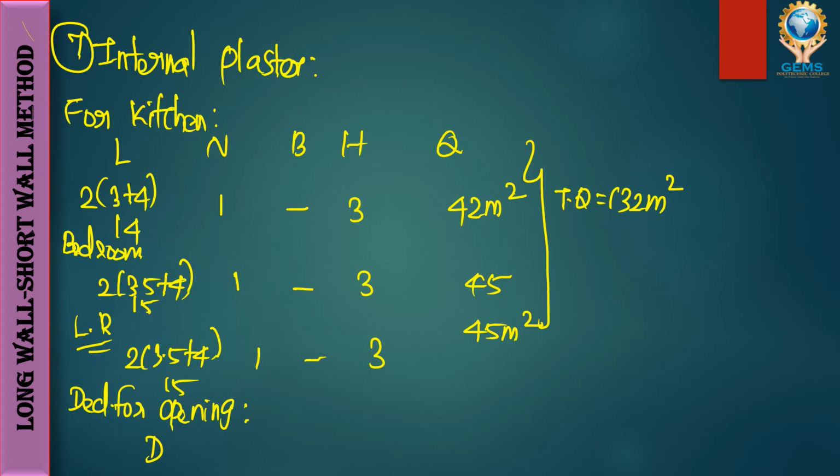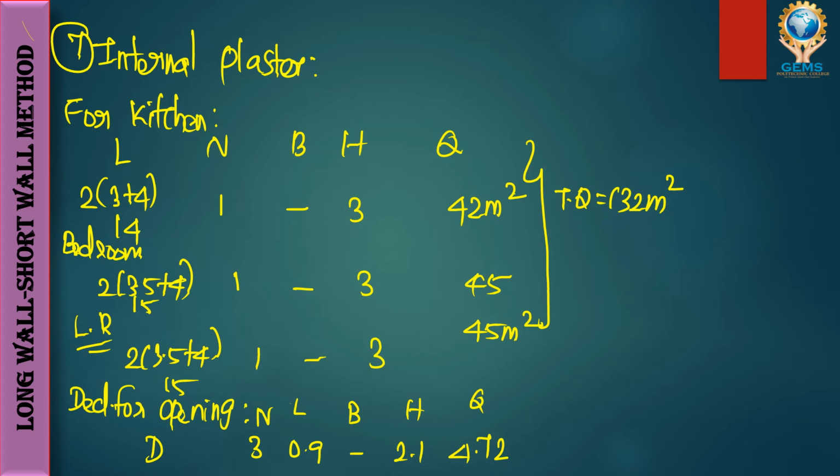We have 3 doors. So n equal to 3. Then the length is 0.9. Breadth we don't need. Then the height is 2.1. So we will get quantity equal to 4.72.